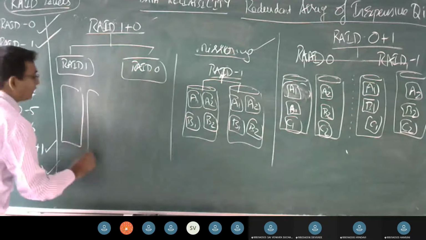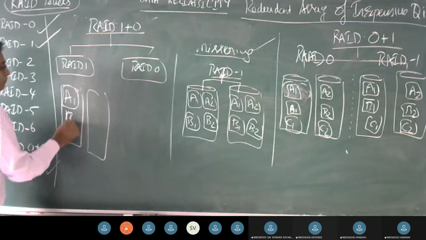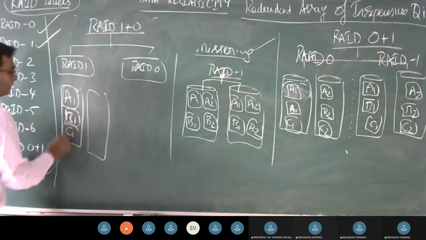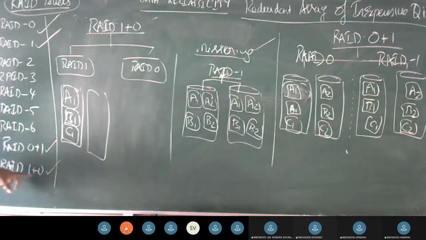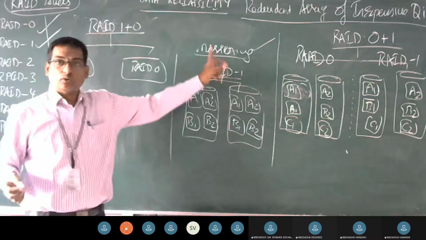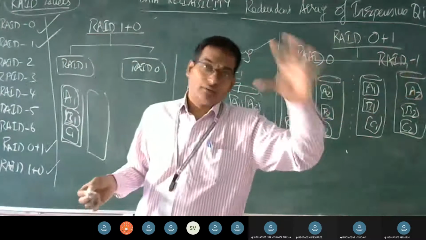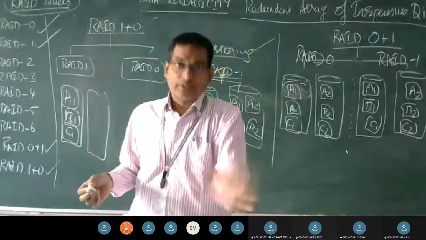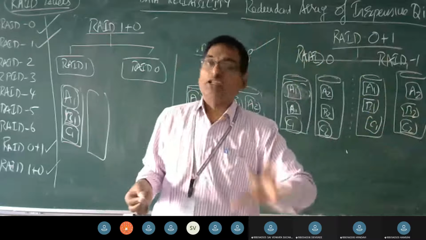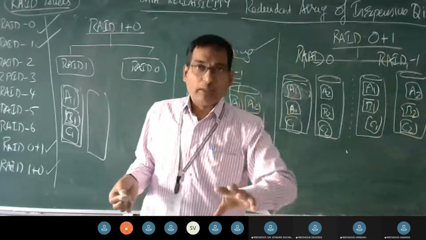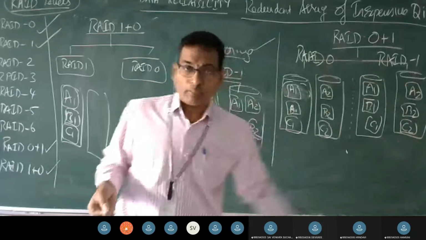When I call it RAID 1, I am going to have A1, B1 and C1. So mirroring should happen, right? Now this time it is 1 plus 0. First mirroring should happen, later on data striping should happen, right? Earlier, first data striping went, then it went for mirroring. But in this concept, first mirroring happens, and after mirroring, then data striping comes into the picture.